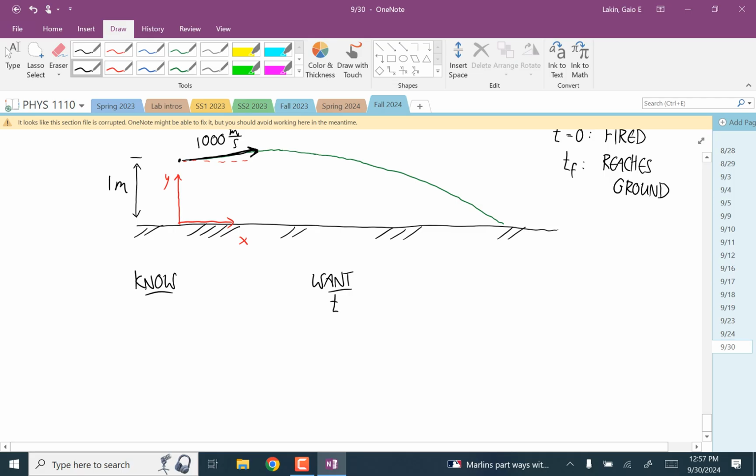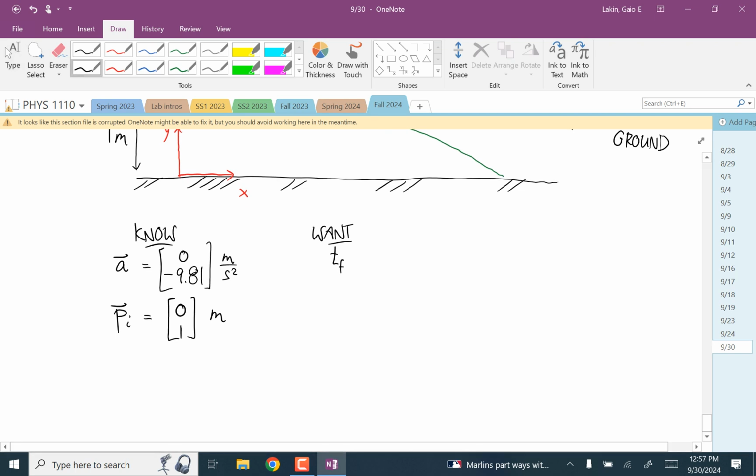We're still looking for time final. The acceleration is 0, negative 9.81. The initial position is 0, 1. The final y position is 0.